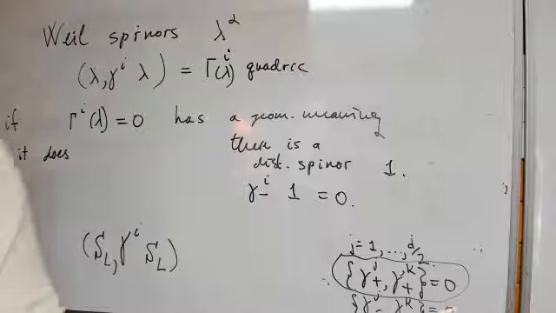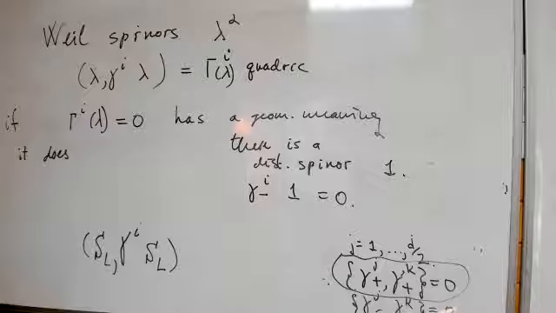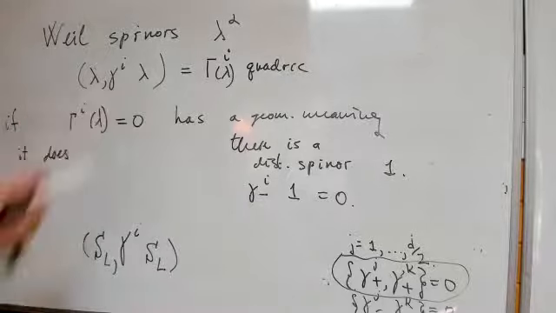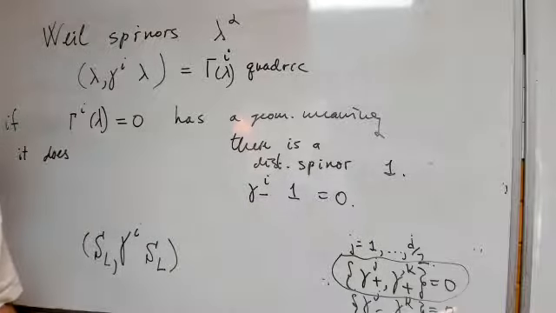And the answer is it could be done if and only if these conditions are satisfied. So let me leave it without a proof. So if and only if for the spinor all those quadratic expressions vanish.